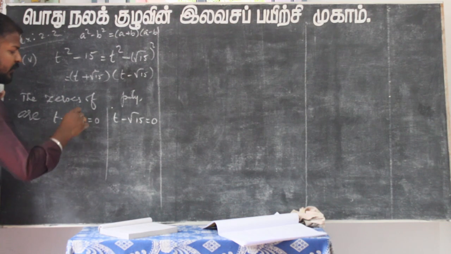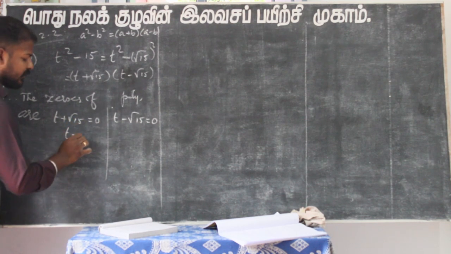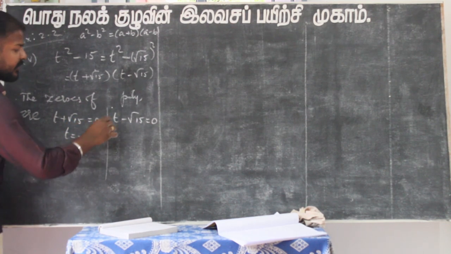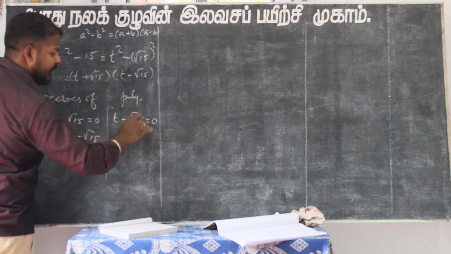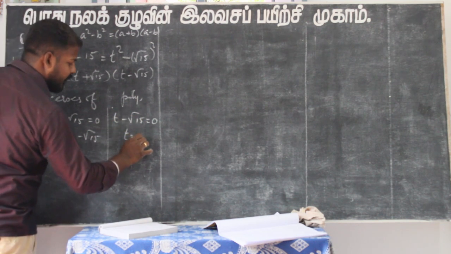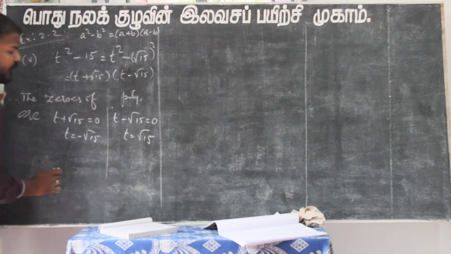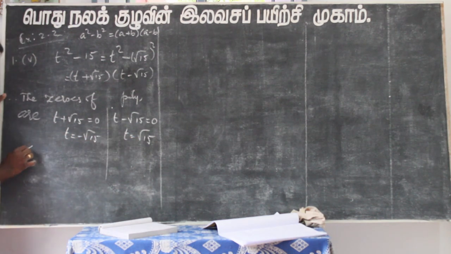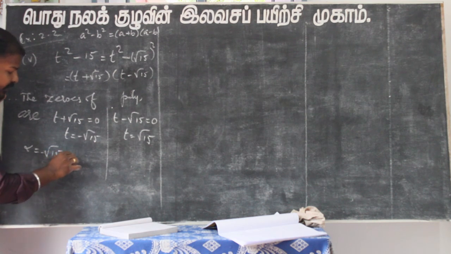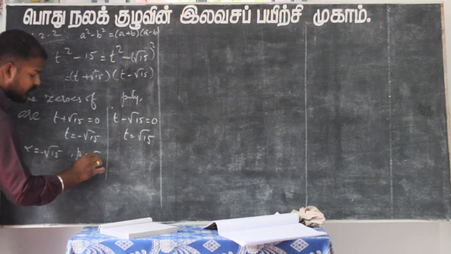Taking plus root 15 to the right hand side, t is equal to minus root 15. Here, taking minus root 15 to the right hand side, t is equal to root 15. So we have two zeros. Alpha is equal to minus root 15, beta is equal to plus root 15.